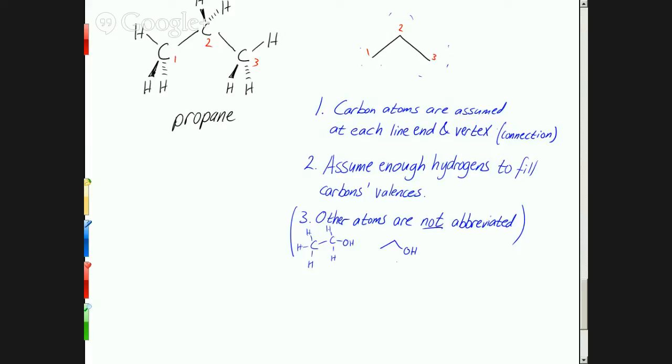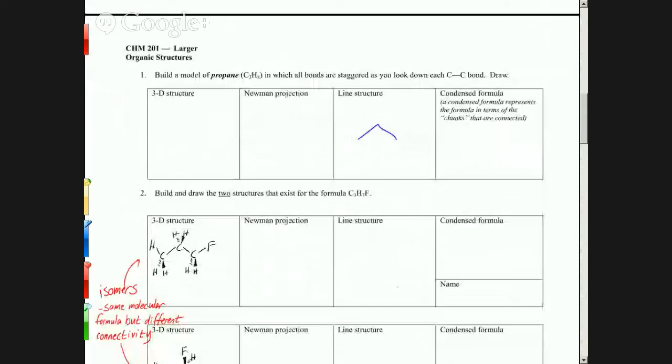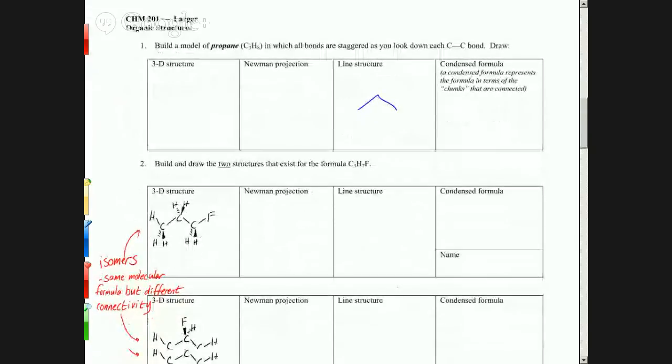Okay, so with that in mind, let's go back to what we've been doing, and let's see if we can draw line structures for each of the structures that we've already drawn. So we did propane. You can fill that one in here. Right, exactly. Yep.